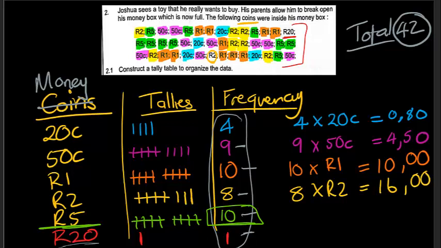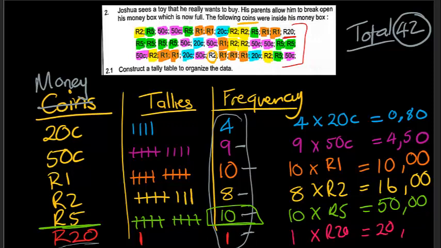So we've got 16 rand in 2 rand coins. And then we want to have 10 times 5 rand. So 5 times 10 is 50. 50 rand in 5 rand coins. And lastly, we've got 1 times 20 rand, which is 20 rand.